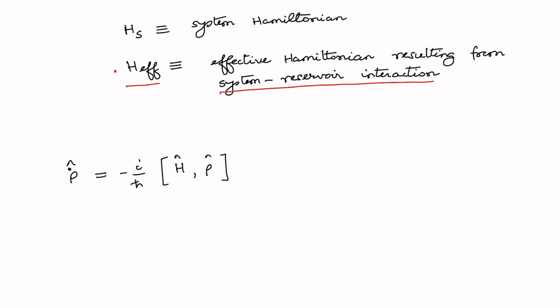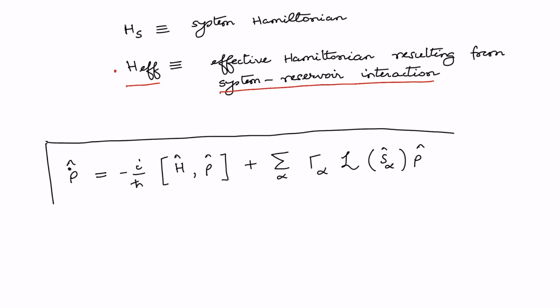This time I am not going to consider the effective Hamiltonian because it hardly changes any physics, so we'll ignore that. Then the next term would be the sum over alpha, gamma alpha, this Lindblad superoperator L S alpha, rho. So this is my Lindblad master equation.